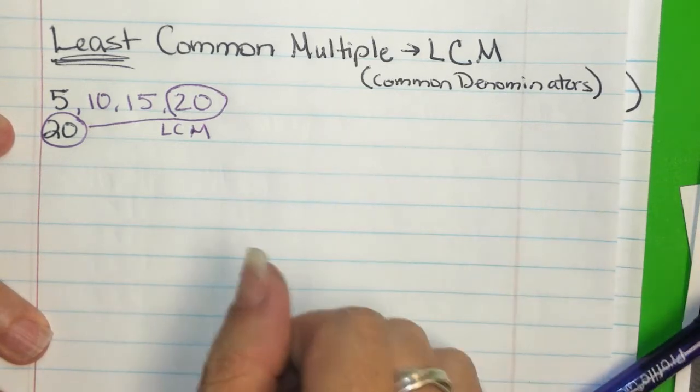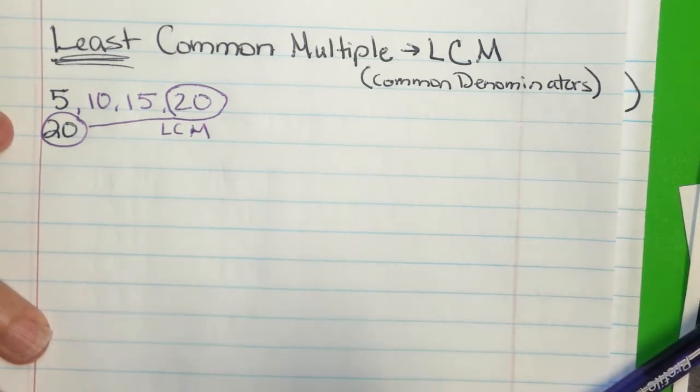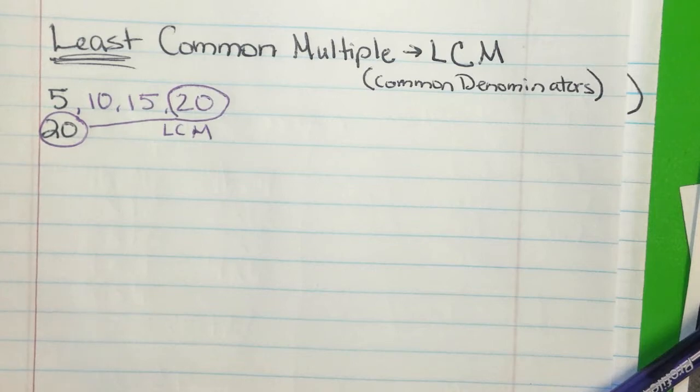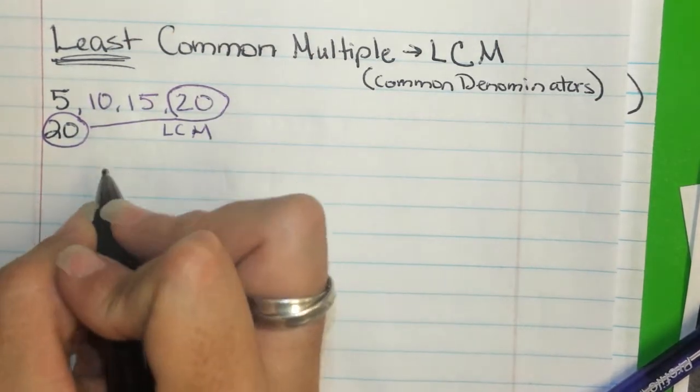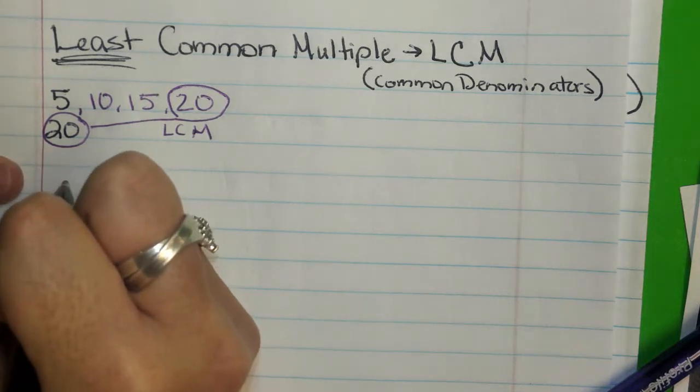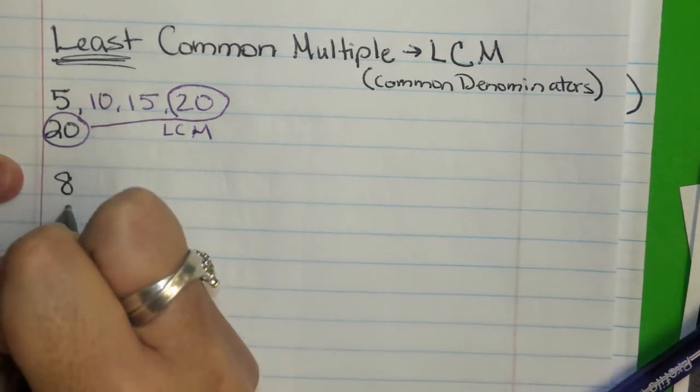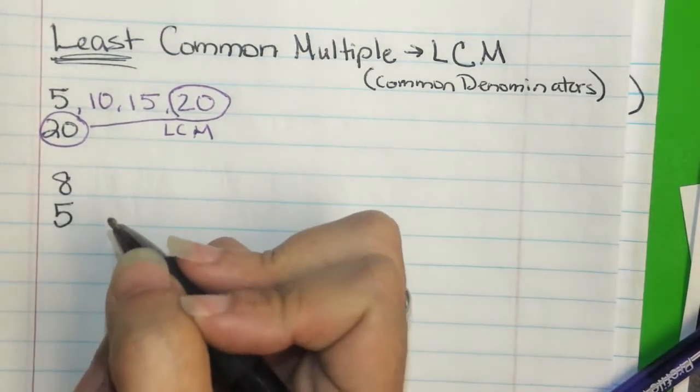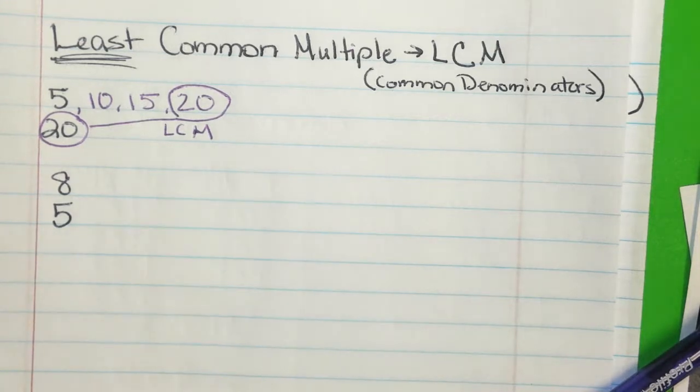That was probably a little too fast, but that's okay. Least common multiples. You're thinking about skip count. Okay? Let's say you have the numbers, I don't know, 8 and 5. So skip count by 8 and 5 until they match up.